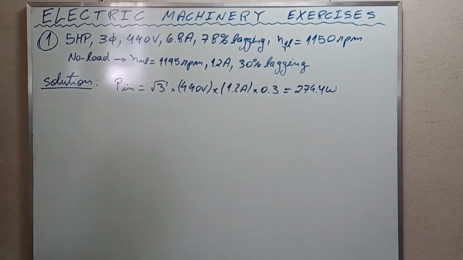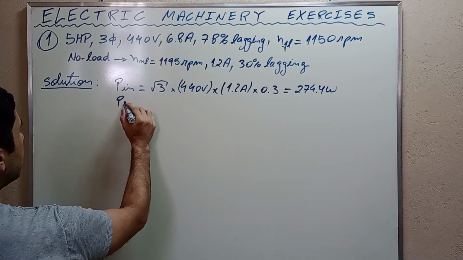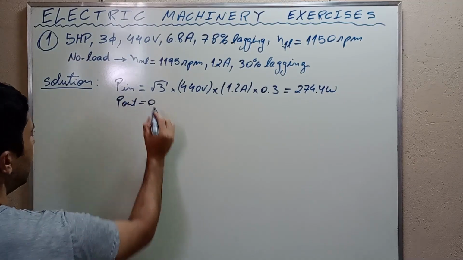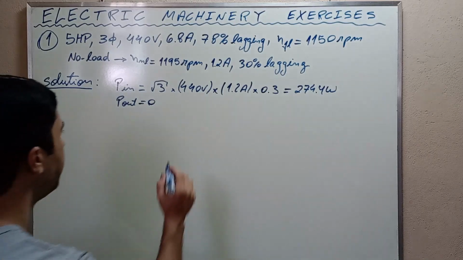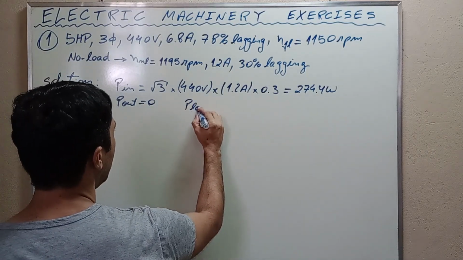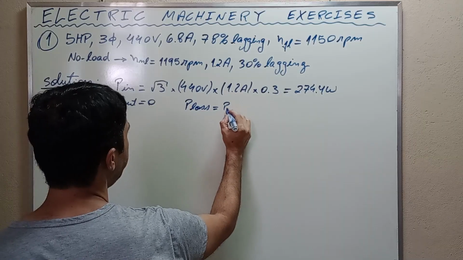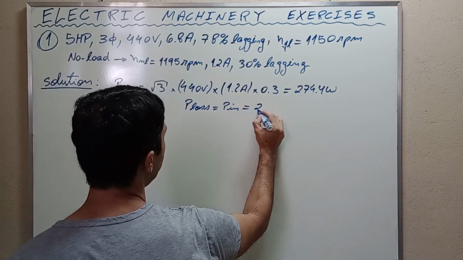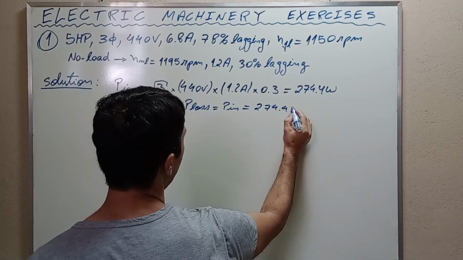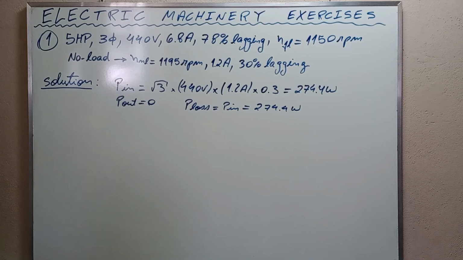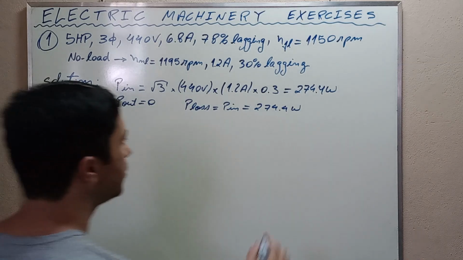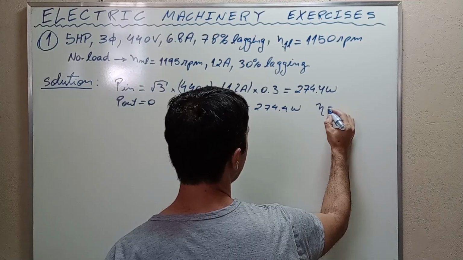And as we are operating under no load, the output power is 0. There is no load. Therefore, the power lost, P loss, is equal to P in, which is equal to 274.4 watts. In this case the efficiency is 0%.